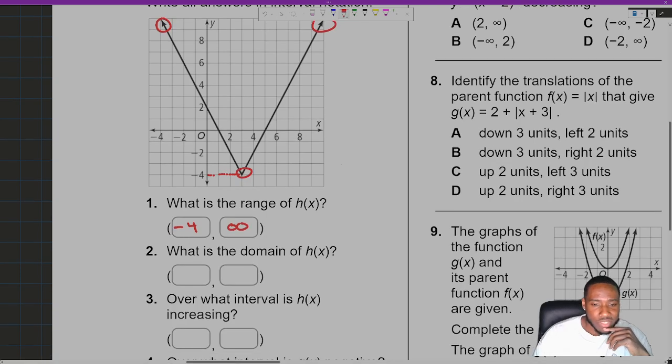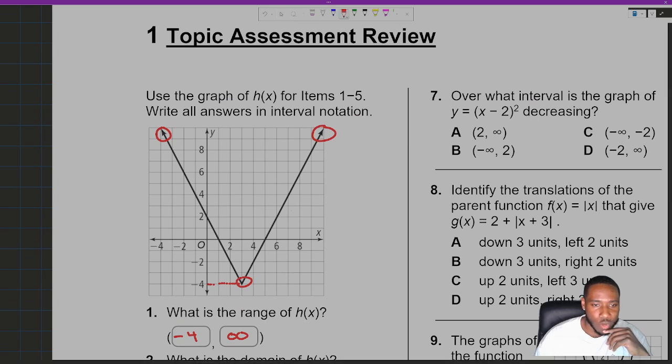Now, number 2 asks, what is the domain for this function? And so instead of thinking about this in terms of high-low, now we're thinking about it in terms of left-right. And again, we're looking to these arrowheads to make that decision for us. We see this graph is going to continue left forever, and it's going to progress to the right forever.